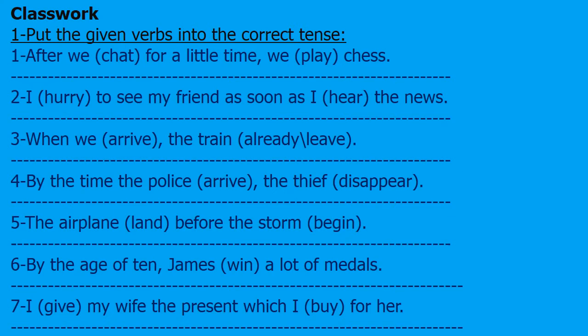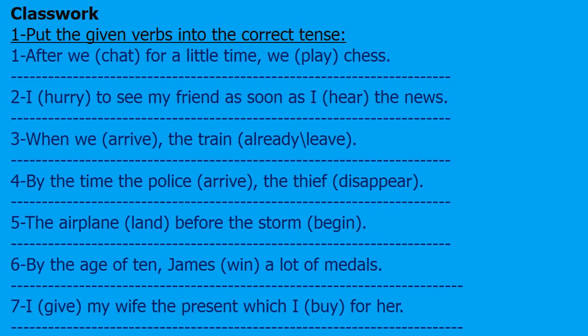We played chess. Number 2, I hurried to see my friend as soon as I hear the news. Here we have the word as soon as in the middle. Again, the word after starts with the letter A, the first letter in the English alphabet, and after these 2 words, after and as soon as, we put the first action, first letter, first action, in the past perfect.